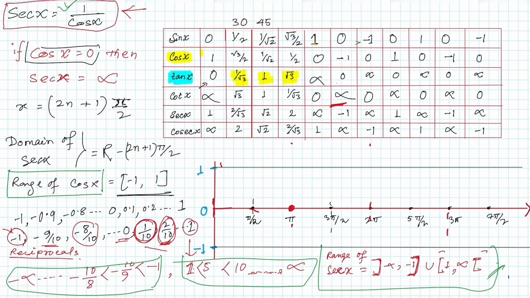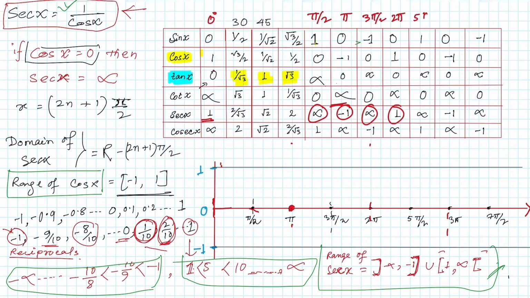Okay, now let us draw the graph of sec x. So here you see, if you observe the values of sec x, at 0 degree sec is 1, at pi by 2, that means at 90 degrees, it is infinity. Then at pi it is -1. Then at thrice pi by 2 it is infinity.